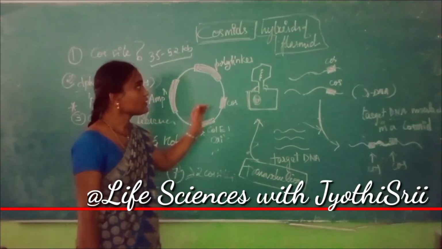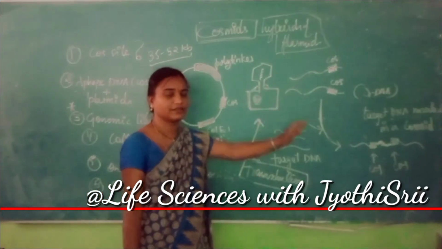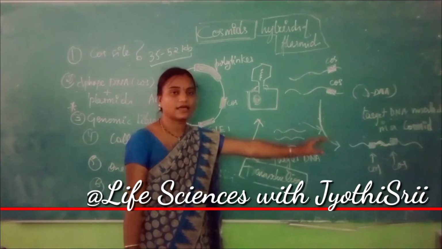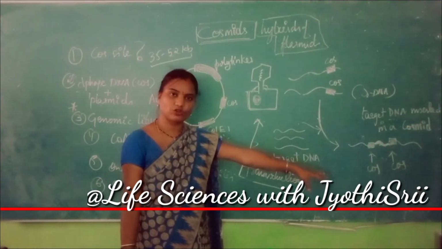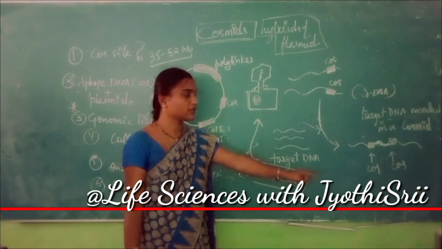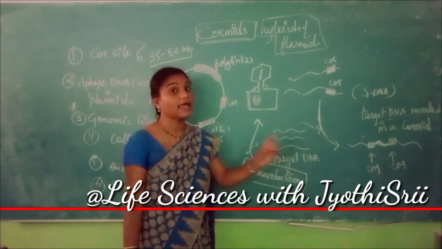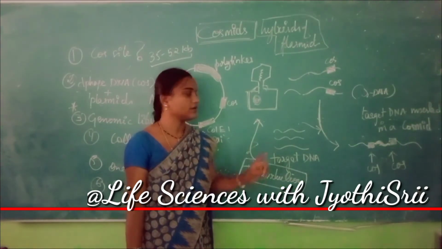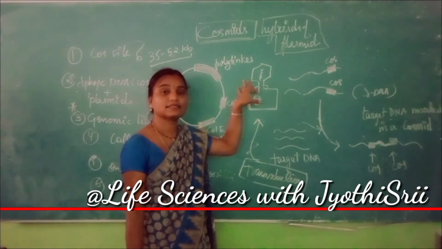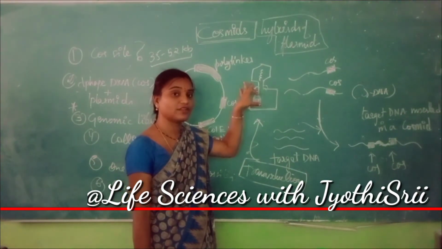And when this is working, what happens? These cosmids are treated with restriction endonuclease. Then the target DNA molecule gets inserted into your cosmid vector in between the two cos sites of your cosmid vector. So that particular rDNA molecule containing your target DNA and your cosmid vector should get easily inserted into the lambda phage head of your lambda phage DNA molecule.